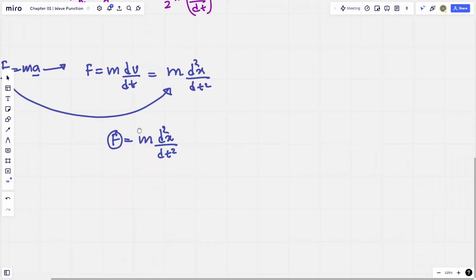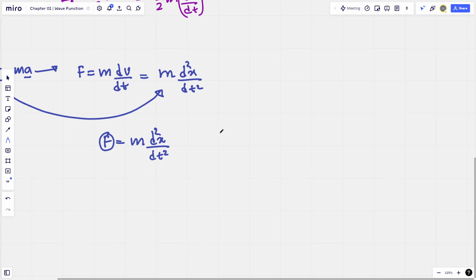We know from Newtonian mechanics, or classical mechanics, that F equals the partial derivative of V with respect to x. The rate of change with respect to x of the potential function is equal to the force.